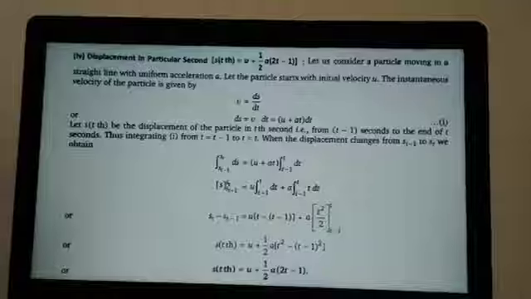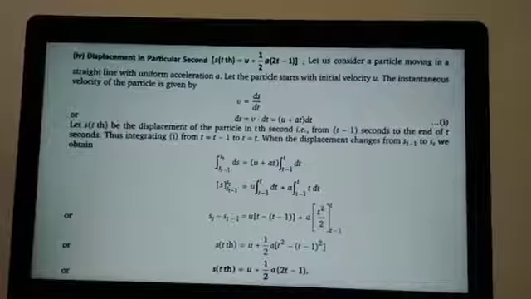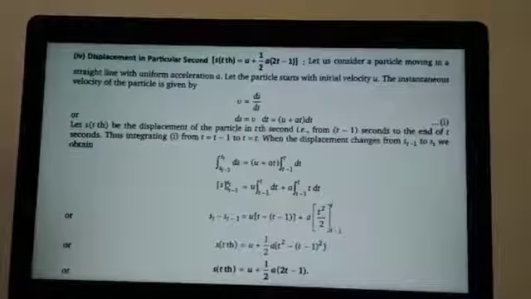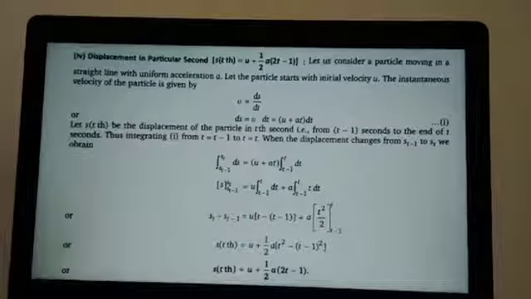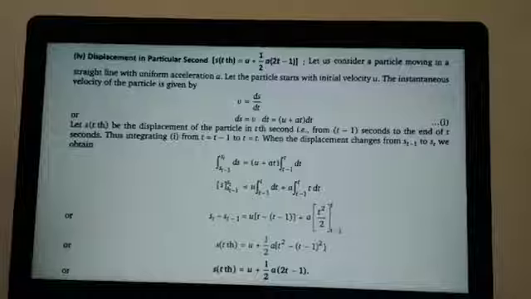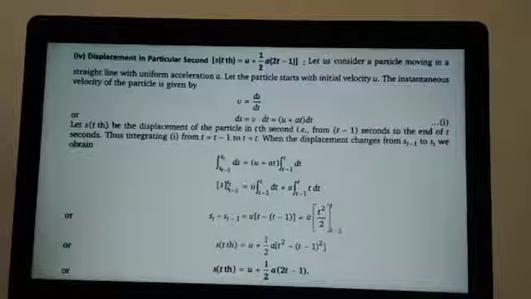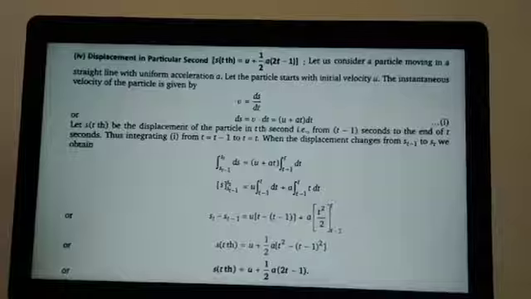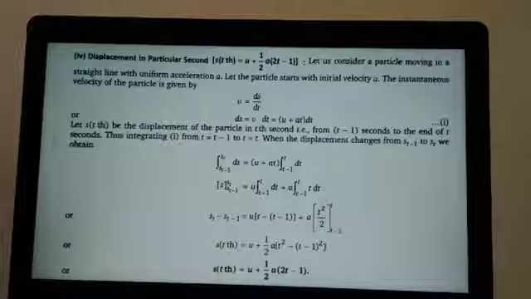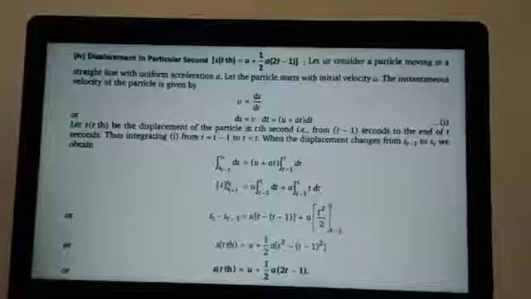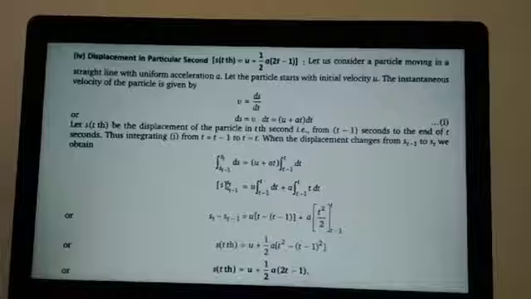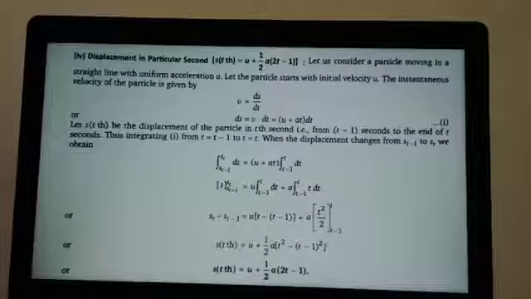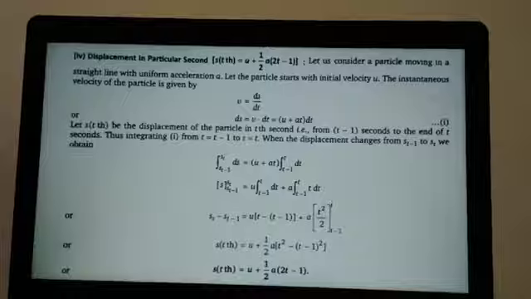So that will become u into integral t minus 1 to t dt plus a into integral t minus 1 to t t dt. Then the left hand side will become s(t) minus s(t minus 1) equal to u into t minus (t minus 1), upper limit minus lower limit, plus a into t square divided by 2 within the limit t minus 1 to t.